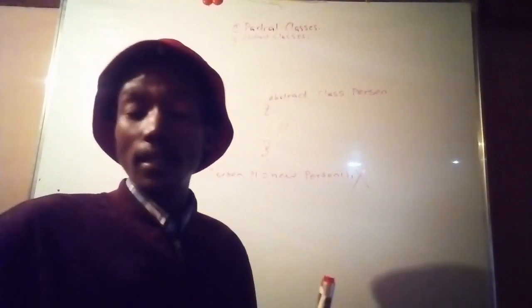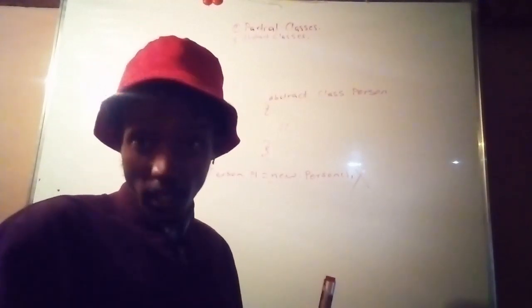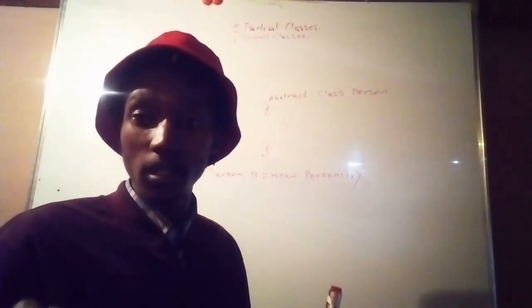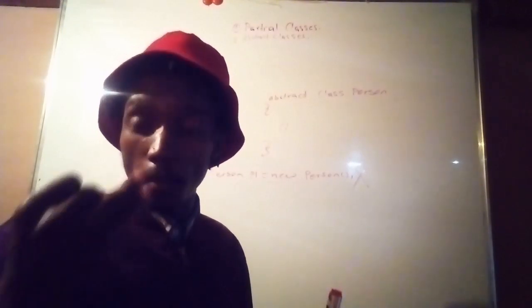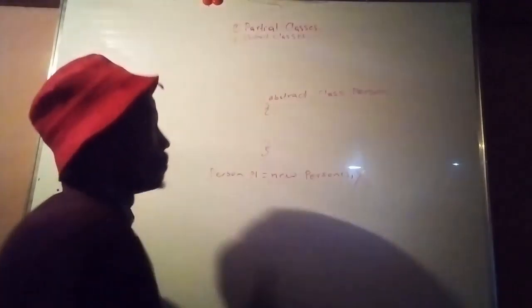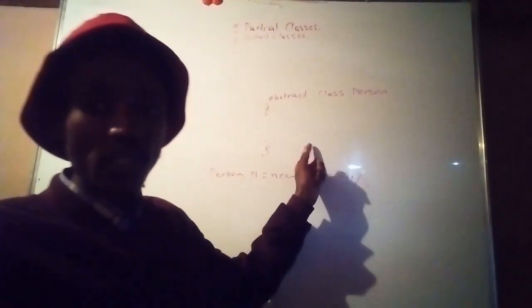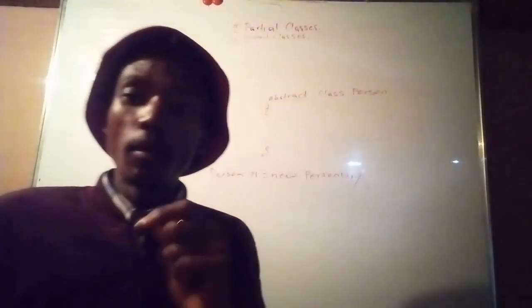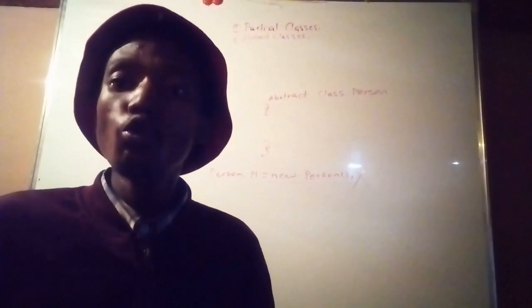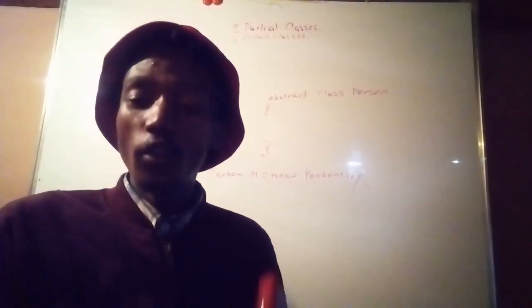Normally the types of members that you will find within an abstract class should be properties or methods. You really will not have member variables within an abstract class. Why? Because we said member variables are used to store the state of an object.